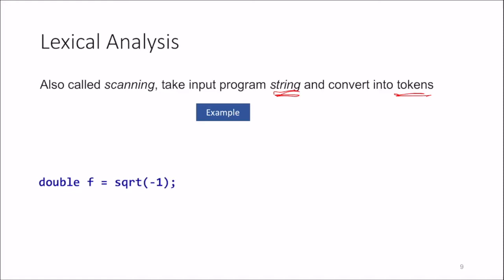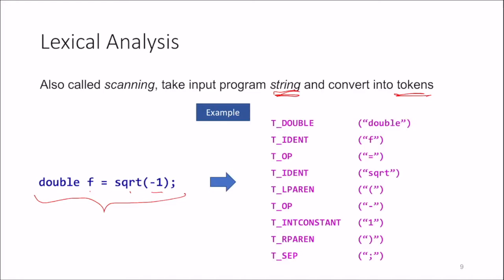So let's look at an example. Let's say this is my input. The input is defining a variable f, and it's calling a function square root with an argument -1. At the lexical analysis level, all we're going to do is find the tokens.